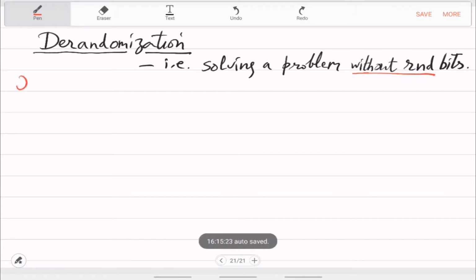So the open question is: is BPP equal to P?